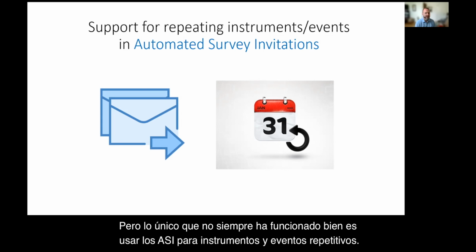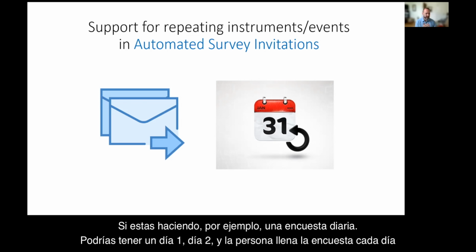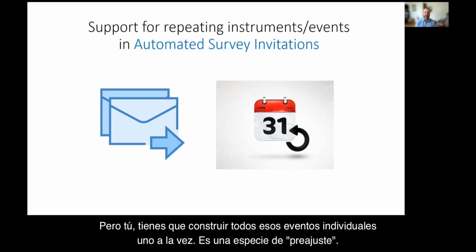But one thing that has not always worked well is using ASIs for repeating instruments and events. They work well if you're doing a traditional longitudinal study. For example, if you're doing a daily survey, you might have a day 1, day 2, and the person takes the survey each day and it sends them an invitation each day. That works very well, but you have to build out all those individual events one at a time.